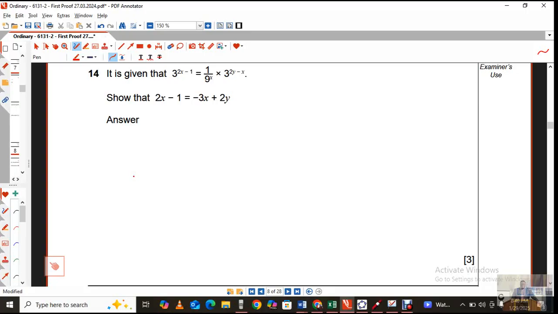So on the left, I have 3 raised to the power of 2x minus 1. Nothing I can do there. But 1 over 9, that is the thing. 1 over 9 is the same as 9 raised to the power of negative 1. 9 is the same as 3 squared raised to that power, which is the same as 3 raised to negative 2, if you get my drift.